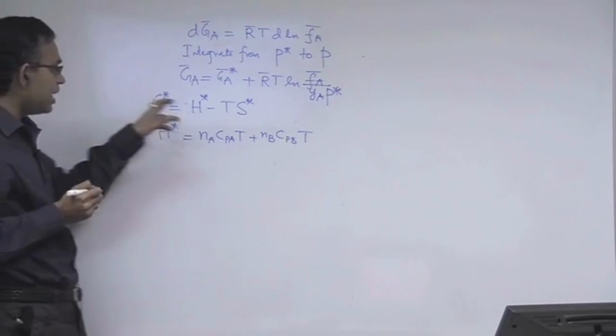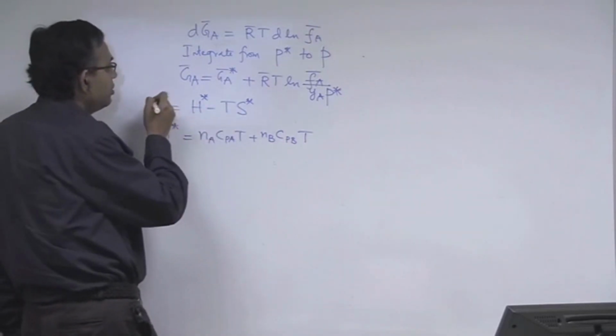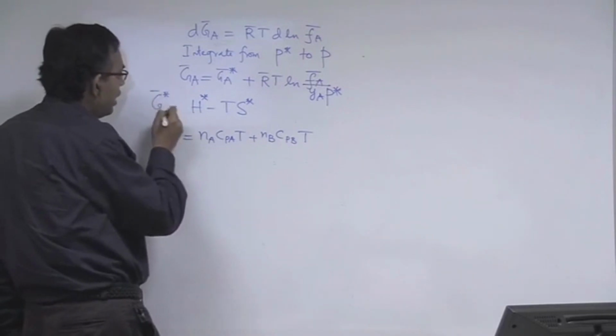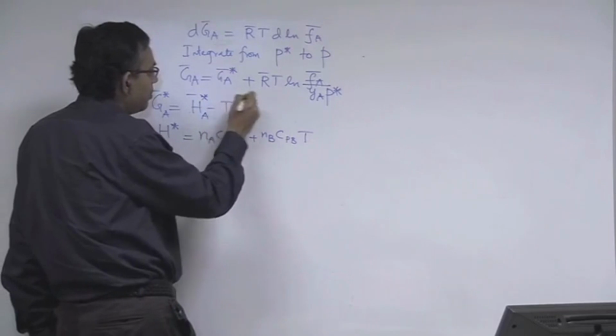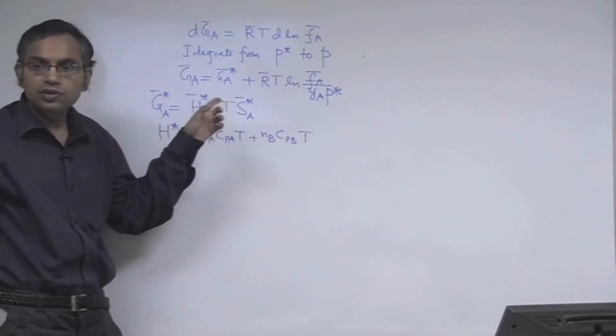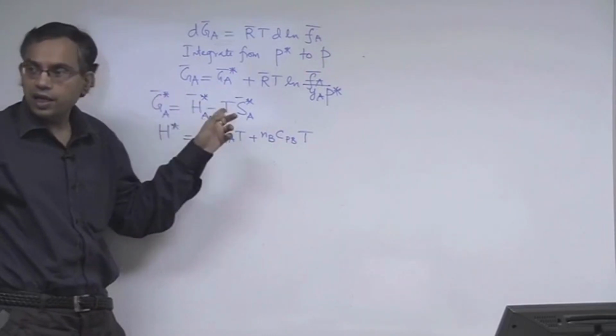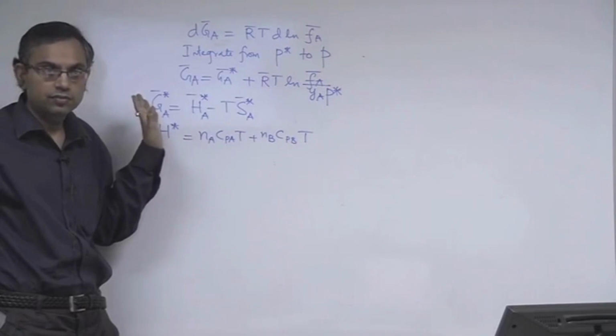Now G star is equal to H star minus T S star, therefore G star bar A is equal to H star bar A minus T S star bar A. Just differentiate all the terms with respect to Na by keeping T, P, Nb fixed. So we will get this.